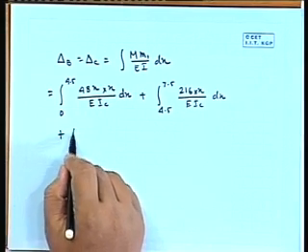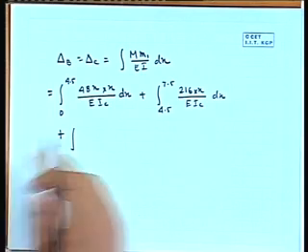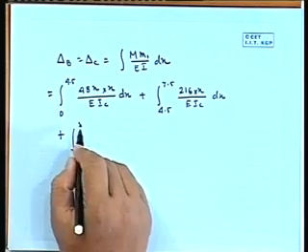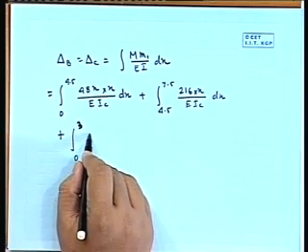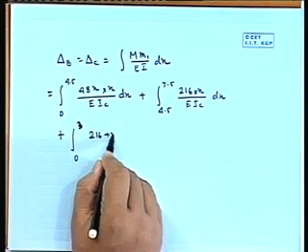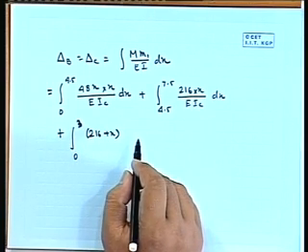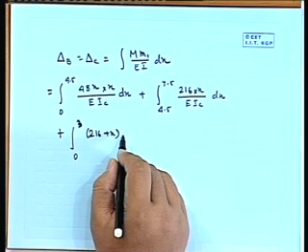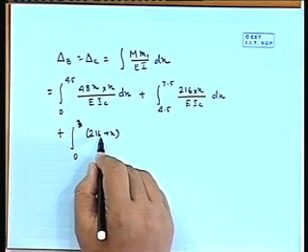Now plus we have to come to the horizontal member. Their limit will be 0 to 3. So 3 is the limit, and capital M was 216 plus 12x, right.